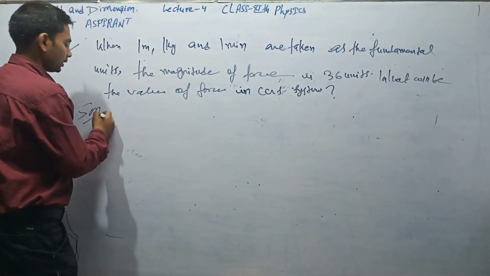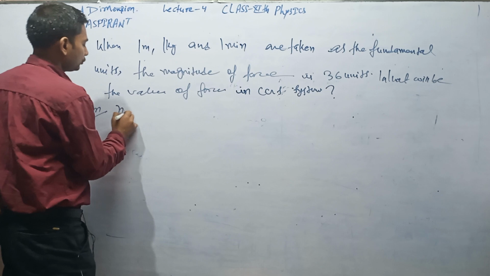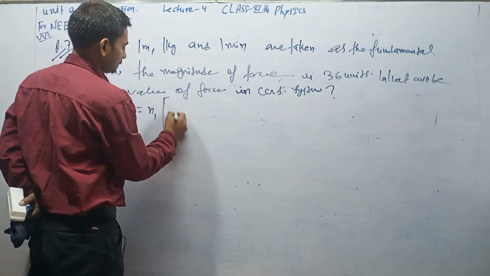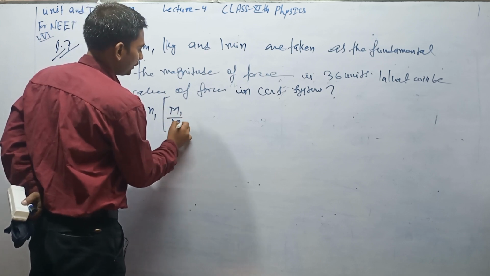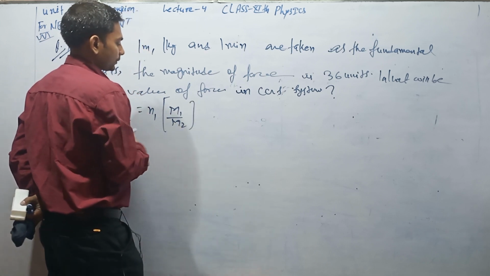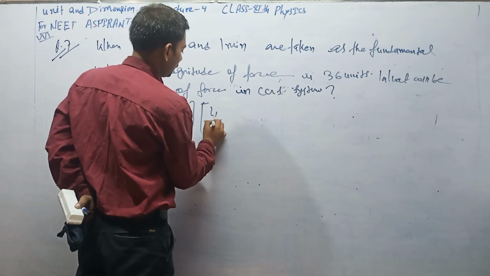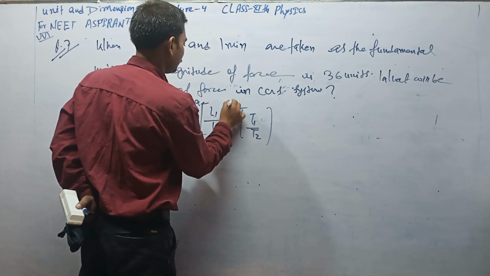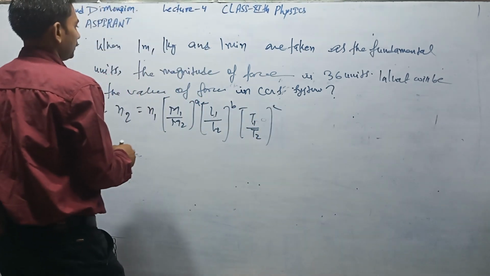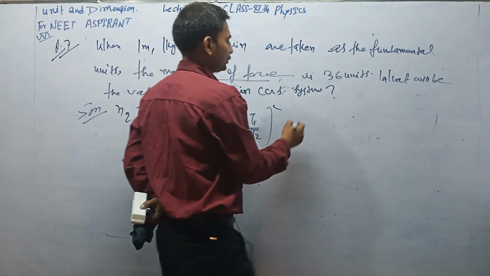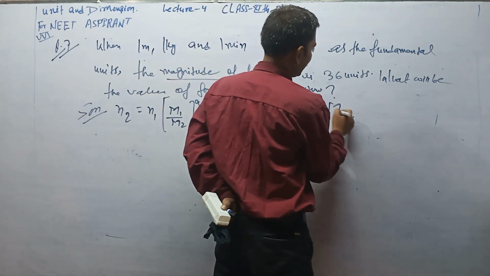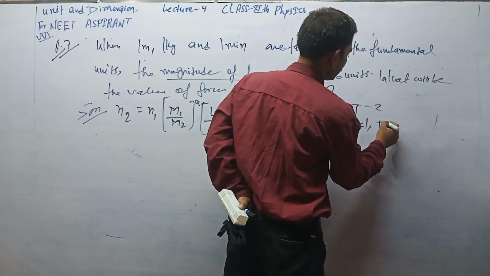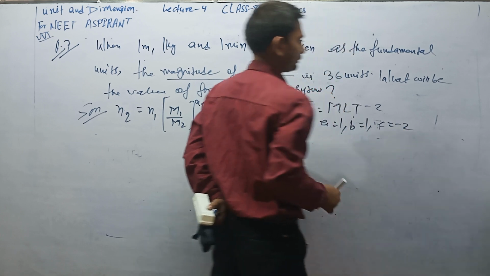So I know that n2 equals n1 times M1 upon M2, L1 upon L2, T1 upon T2, to the powers a, b, c. Here the magnitude of force, that means force dimensional formula M L T minus 2, a equals 1, b equals 1, c equals minus 2.